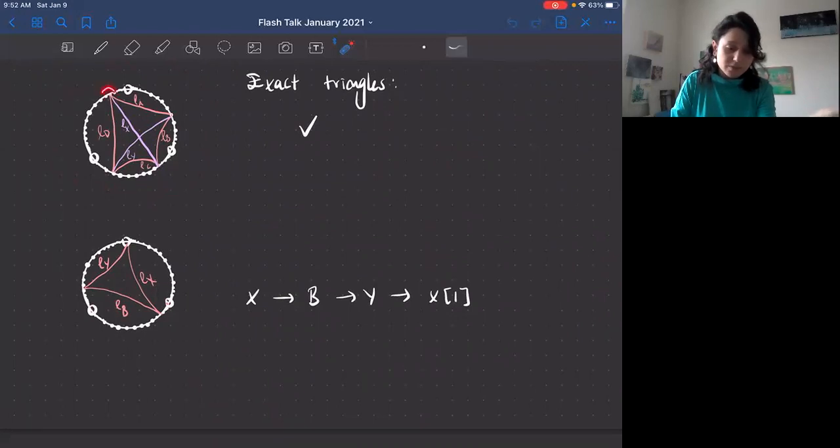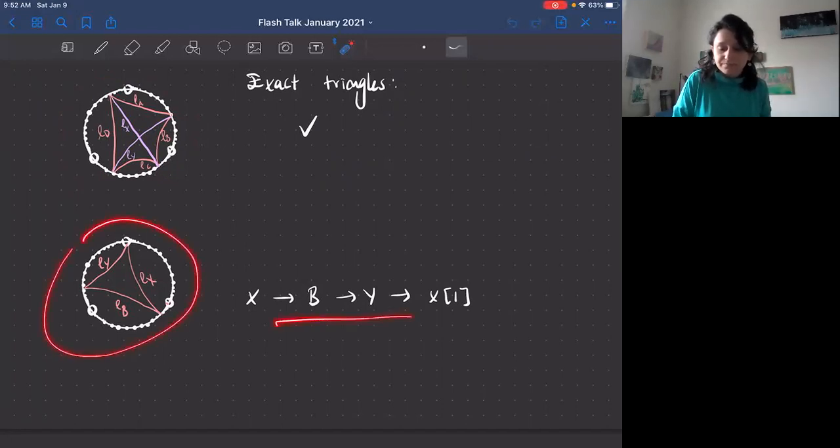It doesn't matter, any of these points can be a limit point. We would still have exact triangles coming from this illustration, and we would have exact triangles of this form, one-sided.